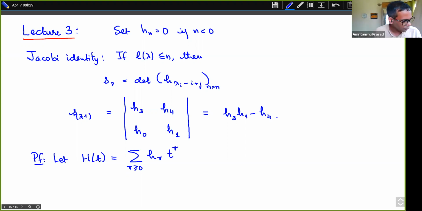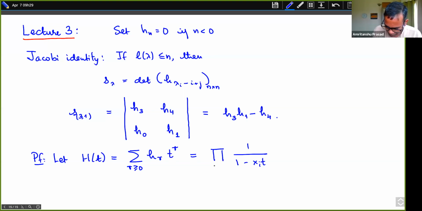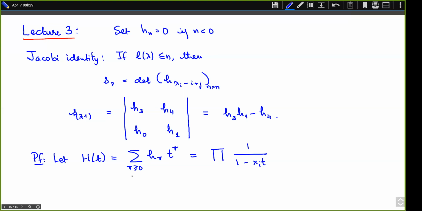So this t is a new formal variable. And this we've seen is given by the product of 1 over 1 minus x_i t. And it depends on how many variables you're using what this product runs over. So if you're using infinitely many variables, you just take an infinite product. Otherwise, i goes from 1 to n if you're using n variables.